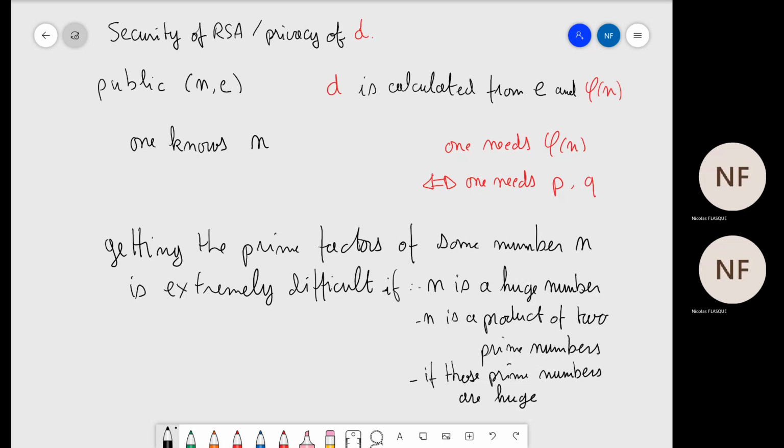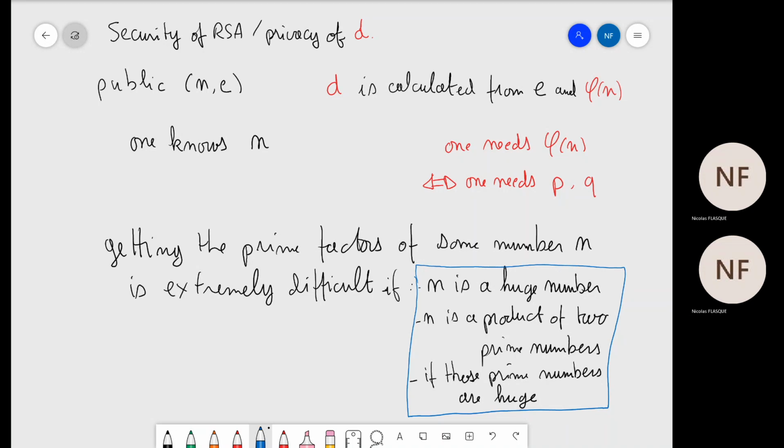That's why, for practical sake, the prime numbers P and Q are two huge prime numbers, and N is their product. If you have all those three conditions, then with the standard computers we have, choosing N as a product of two huge prime numbers makes it impossible even for a big computer to get the values of P and Q. It's named a very difficult problem.